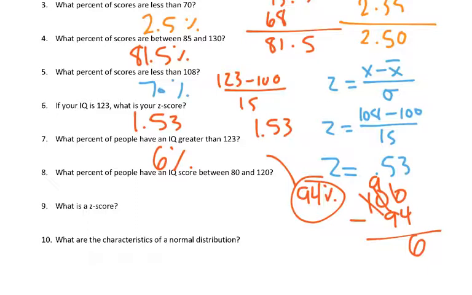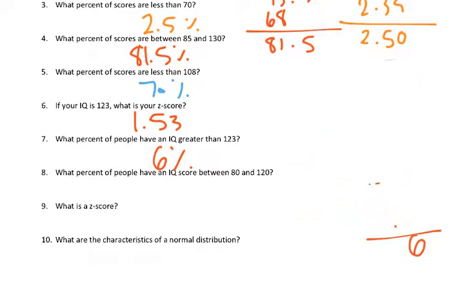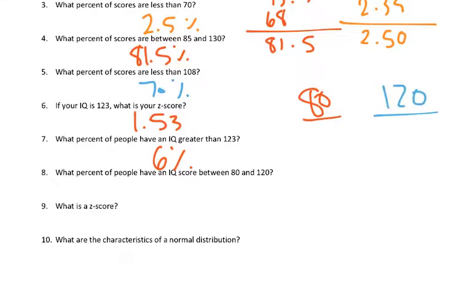So we kind of have to do the same type of stuff. Let me clear some space. We find the z-score for each one, find the percentile, and then subtract them. Okay? So we'll do it for 80, and we'll do it for 120. So for 80, we go 80 minus 100 over 15 for our z-score.